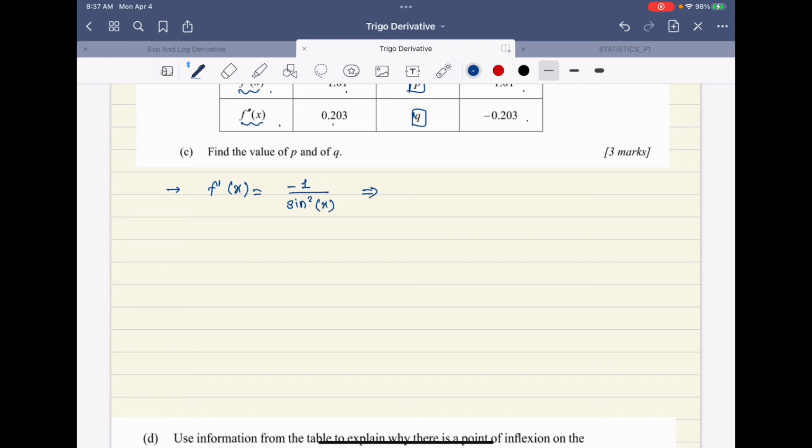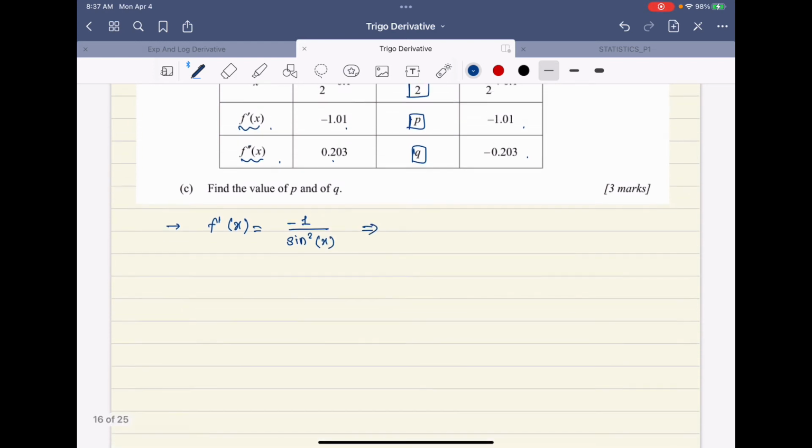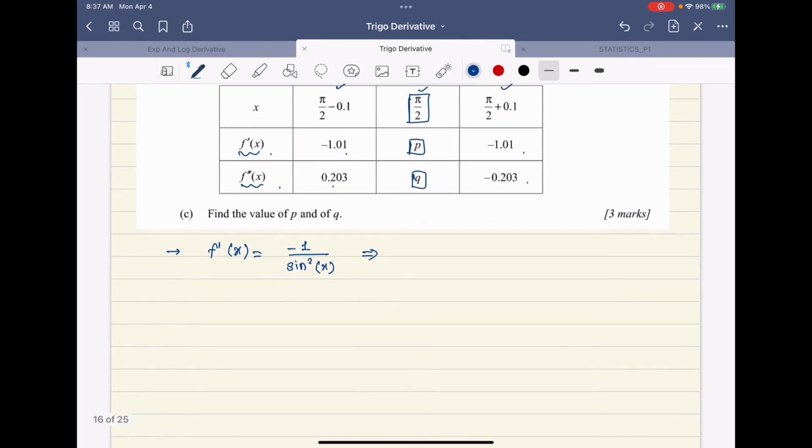So p is, when I substitute x equal to pi by 2, negative 1 over sine square pi by 2, which is sine pi by 2 bracket square. This is in radians.